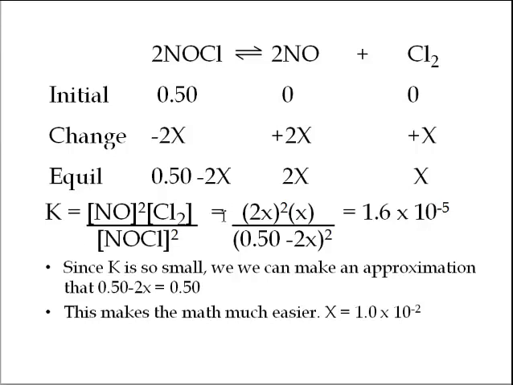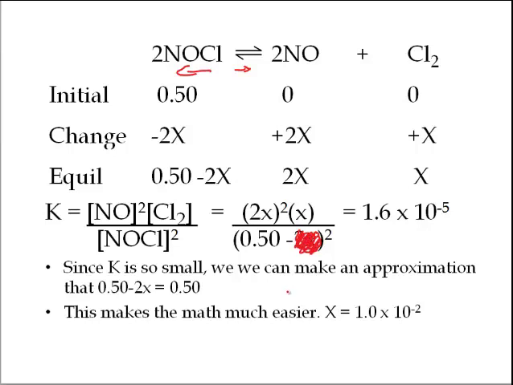And so we've set up these values, 2x squared times x, over 0.5 minus 2x. Now, we know that this x is really small. We know that this reaction doesn't go very far to the product side. Most of it stays back here. So to make this problem very easy, we're going to ignore it. We're just going to scratch it out right there.